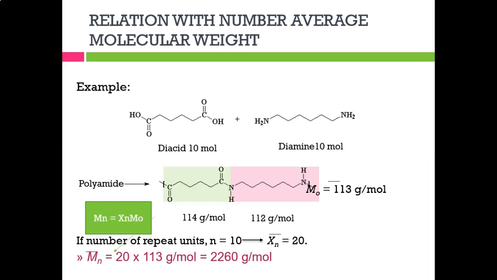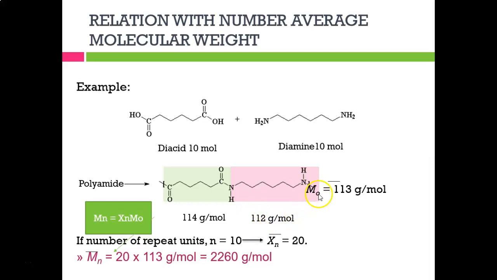As we can see, the stoichiometric balance number of moles in diacid contains 10 moles and diamine also 10 moles. And for the repeating unit in diacid in the preparation of polyamide, we get 114 gram per mole. And the repeating unit for diamine, we get 112 gram per mole.